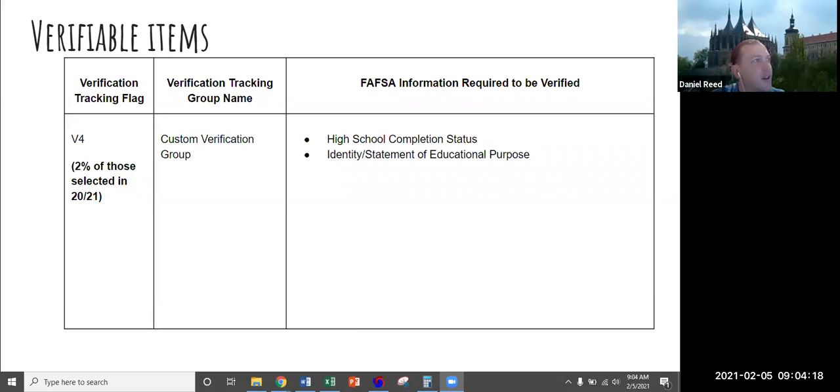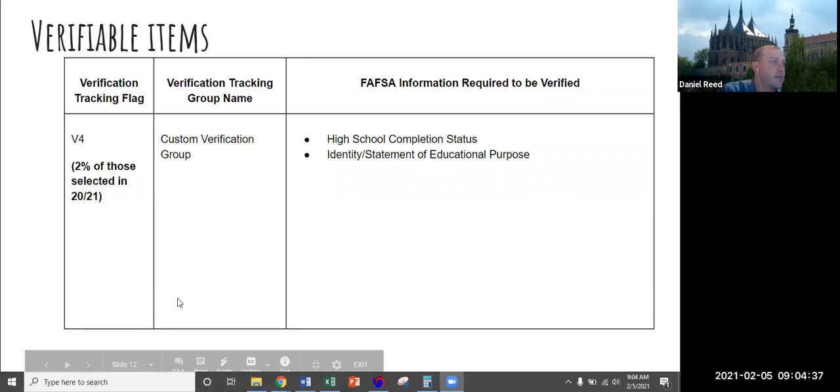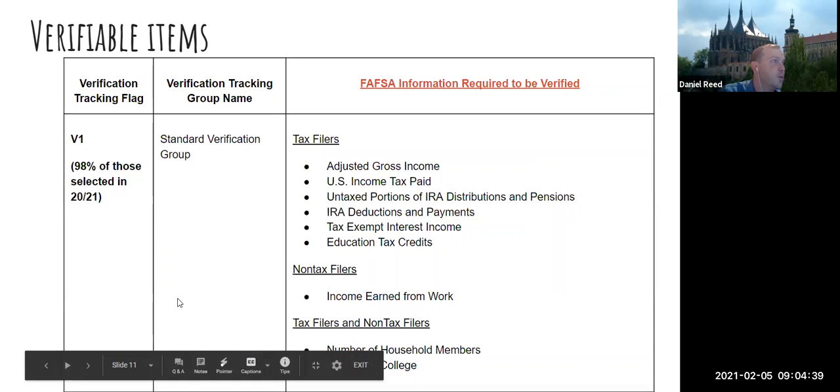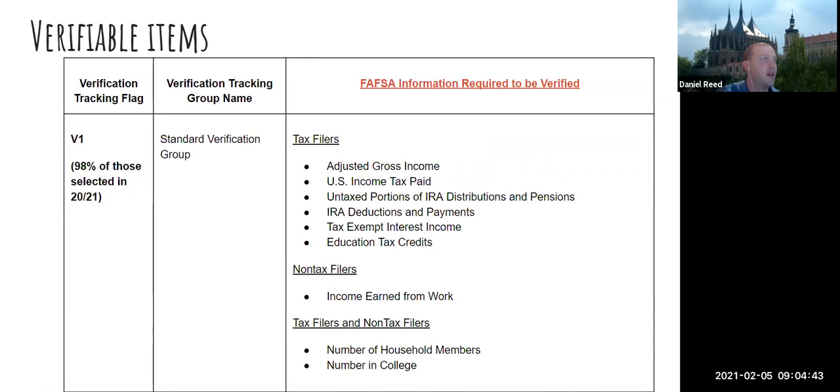All right. So as part of being selected for verification, there are 3 different primary groups that a student could be selected for, and which group they're in determines what type of information is verified. By far, the most common group to be selected for is the V1 group, which we talked about a bit in the last meeting. 98% of the students who were selected in 2021 were selected for that group.